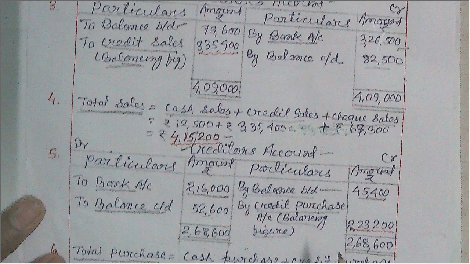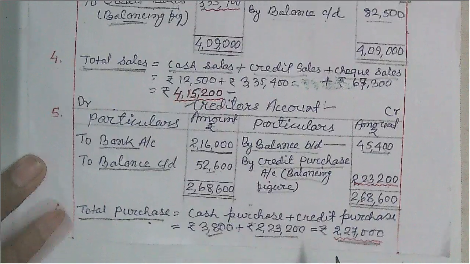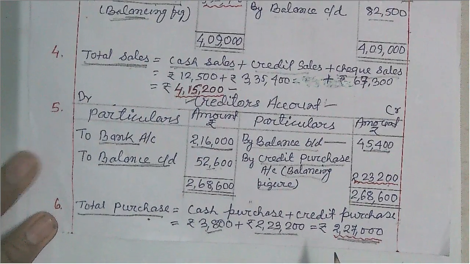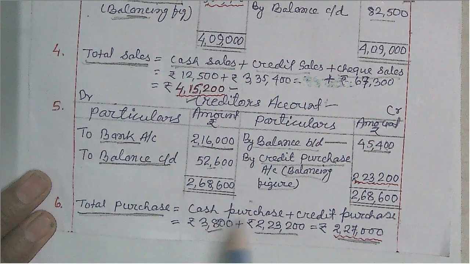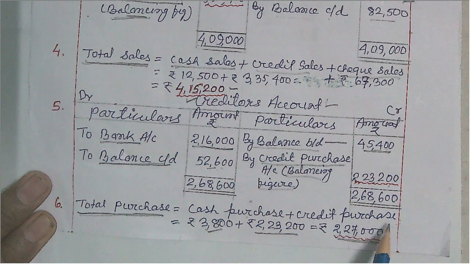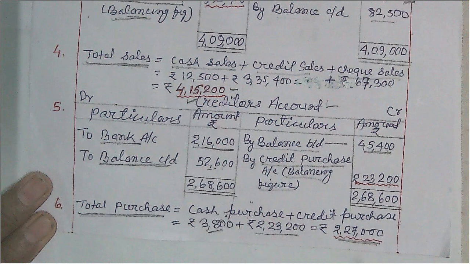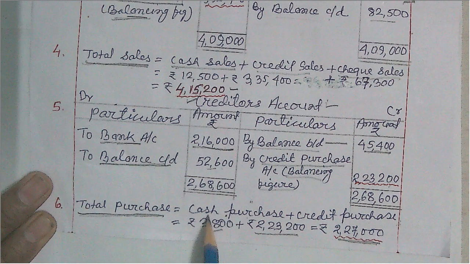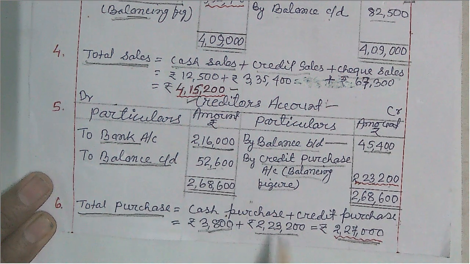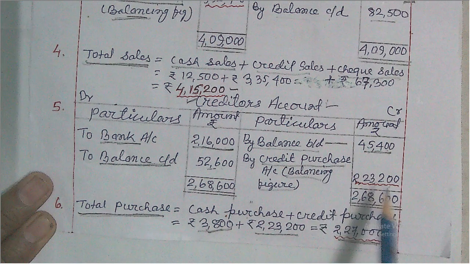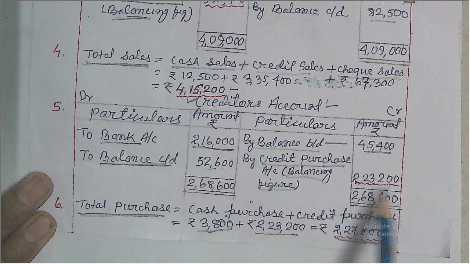Like total sales, which we calculated in the same manner, total purchase is to be calculated. So the total purchase is cash purchase plus credit purchase, since there is no cheque purchase amount. The cash purchase is 3,800, recorded in the cash account in the cash book, and the credit purchase is 2,23,200.